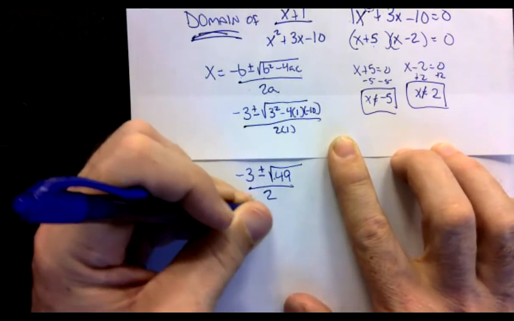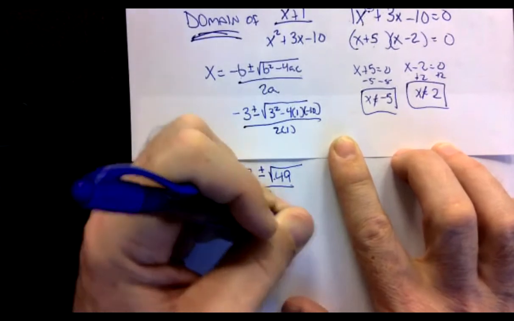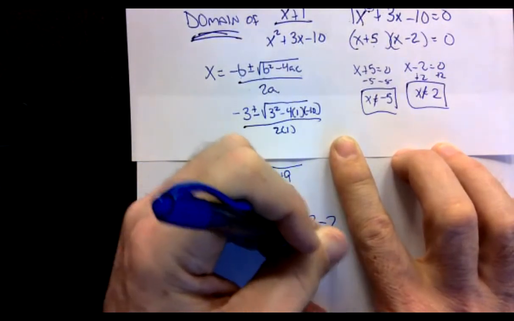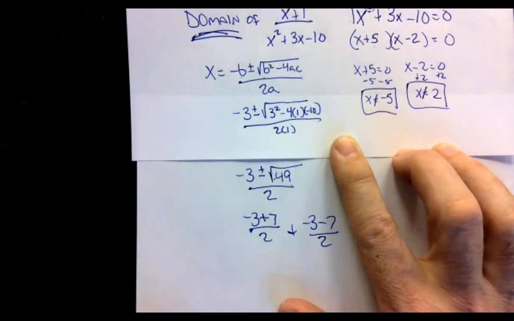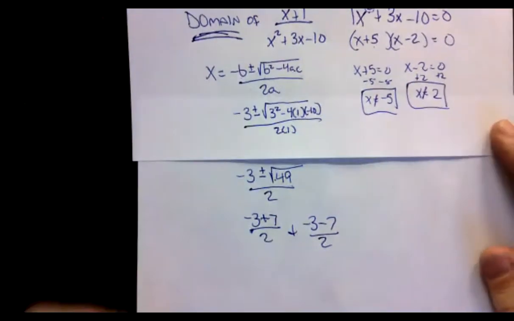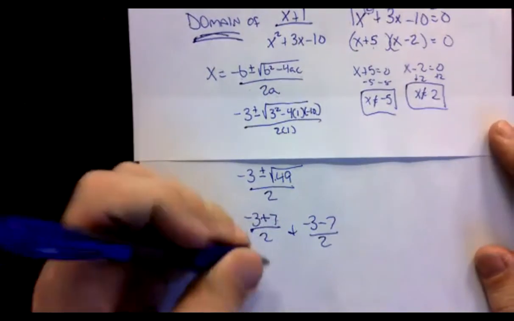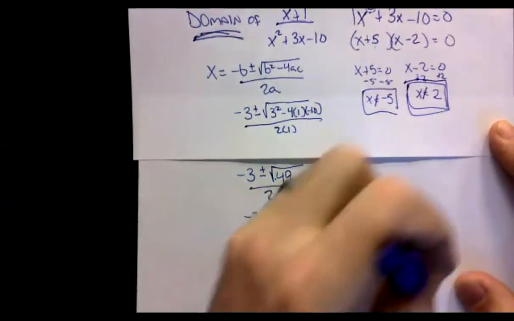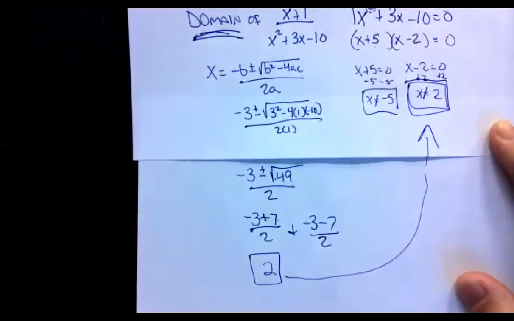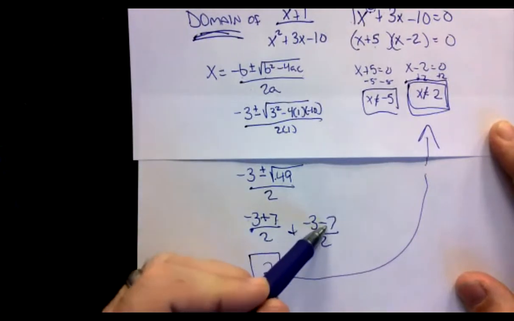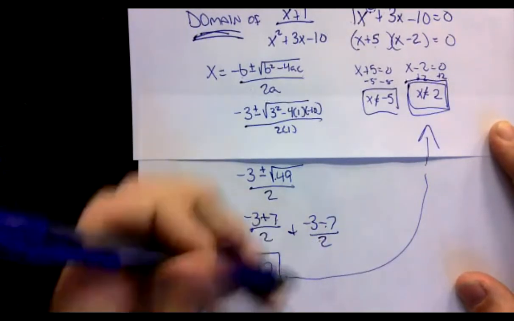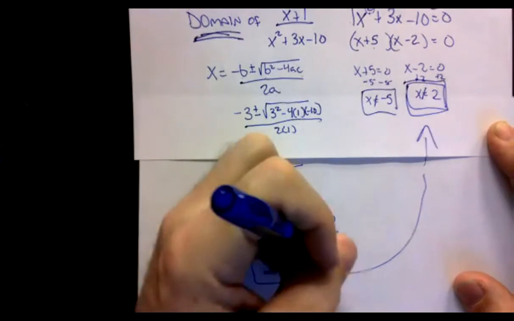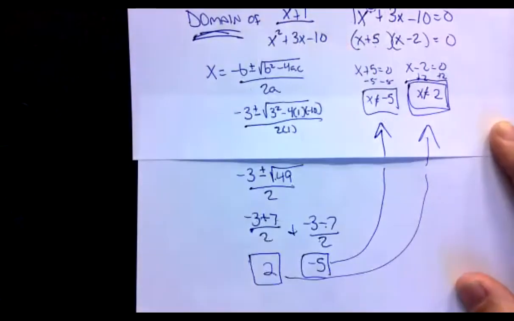So we get -3 plus 7 over 2 and -3 minus 7 over 2. -3 plus 7 is 4. 4 divided by 2 is 2. Exact same solution we got there. -3 minus 7 is -10. Divided by 2 is -5. Exact same solution we got there.